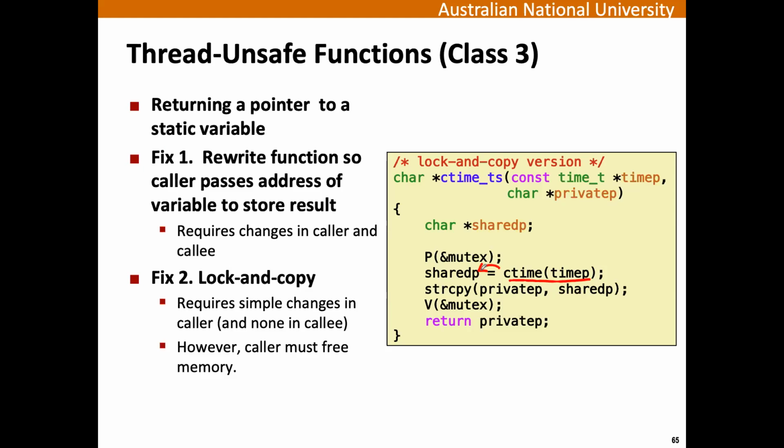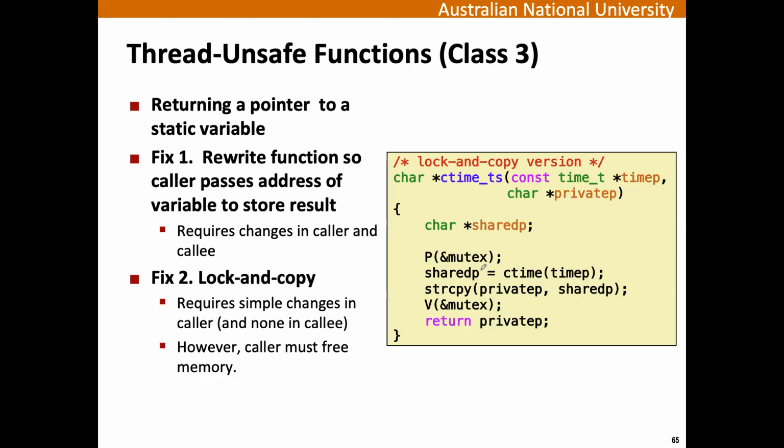But it always returns the pointer to the same structure. It doesn't allocate a new structure on the heap. It has one structure internally, fills it up whenever you call ctime, and returns a pointer to it. And that is problematic. If two threads have a pointer to the same static variable, that's a problem.